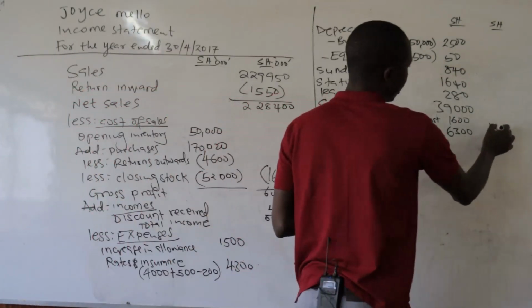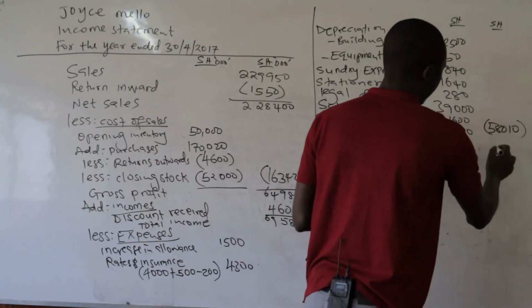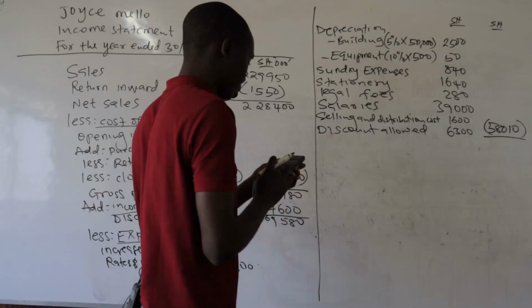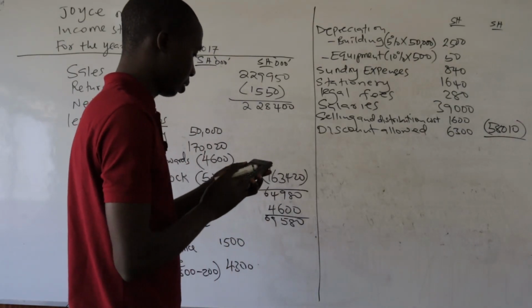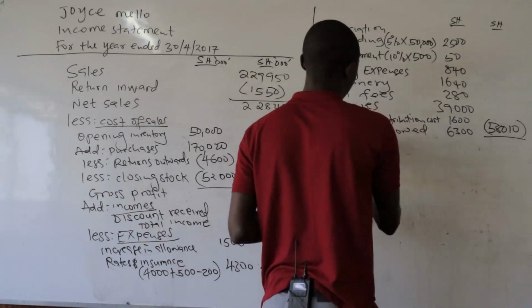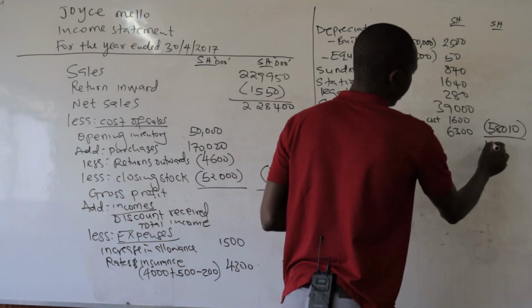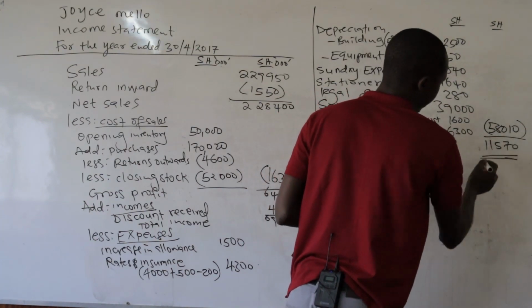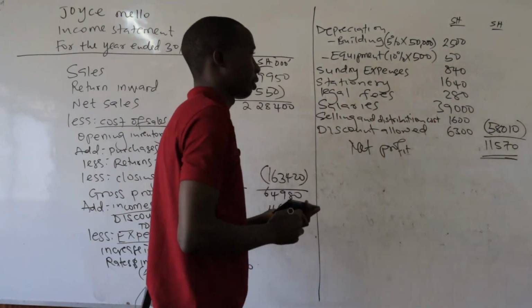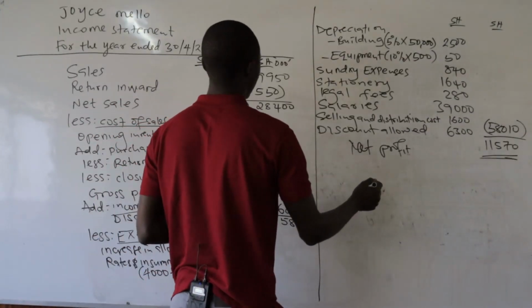So this is 58,010. So we need to minus from 69,580 minus the answer. So this is a net profit of 11,570. So now we can be able to do the statement of financial position.